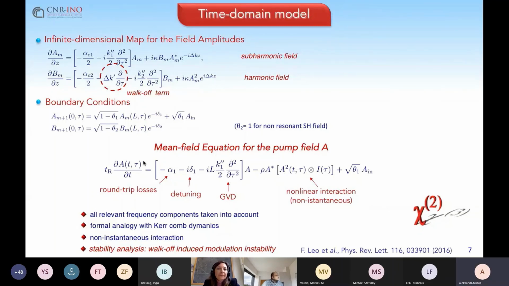If theta is different from 1, we have a doubly resonant configuration in which the green has its own dynamics in the cavity and has oscillations similar to the fundamental power.